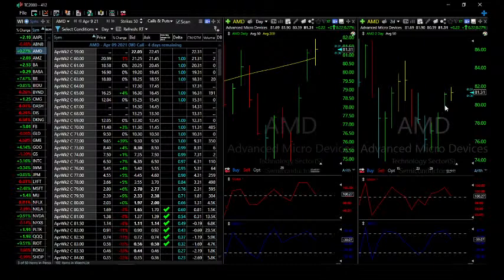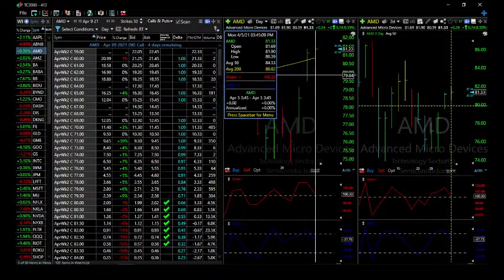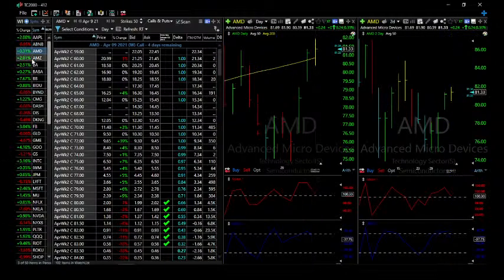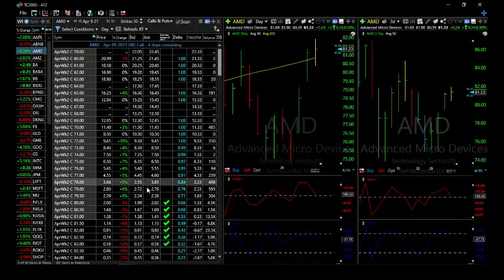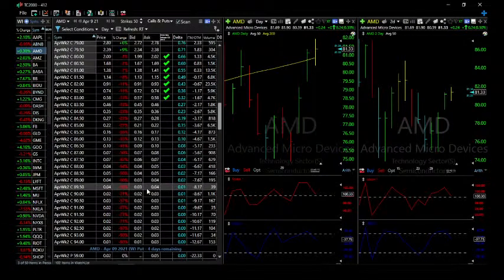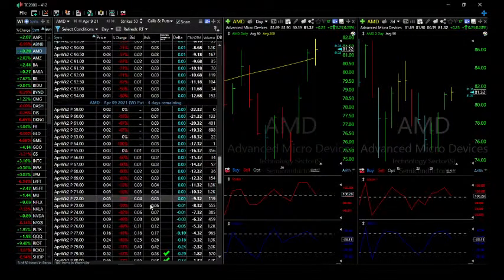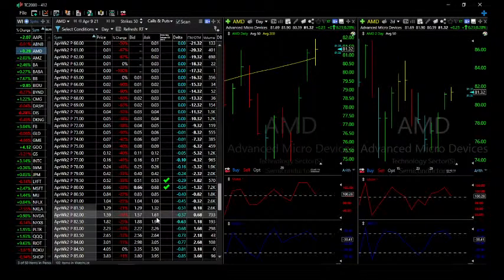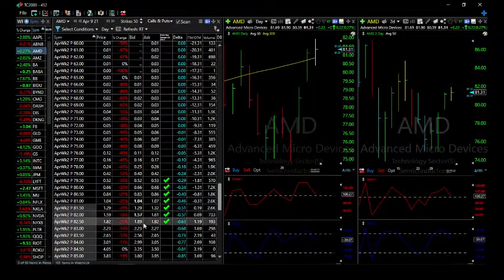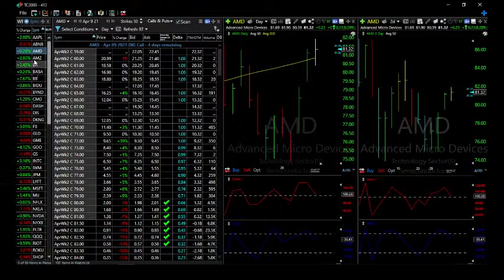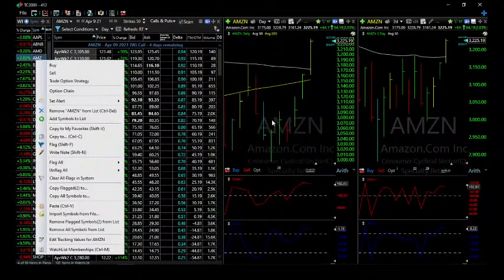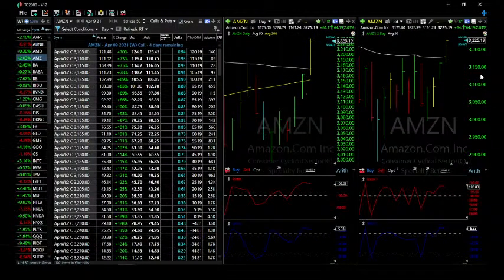Now you see both of these are indicating a sell. So we'll come back to that. These are the contracts. These are the calls. And these are the puts. You can see them constantly changing because they're being actively traded. This is real-time action. So we're looking at Amazon. Amazon is indicating a sell.